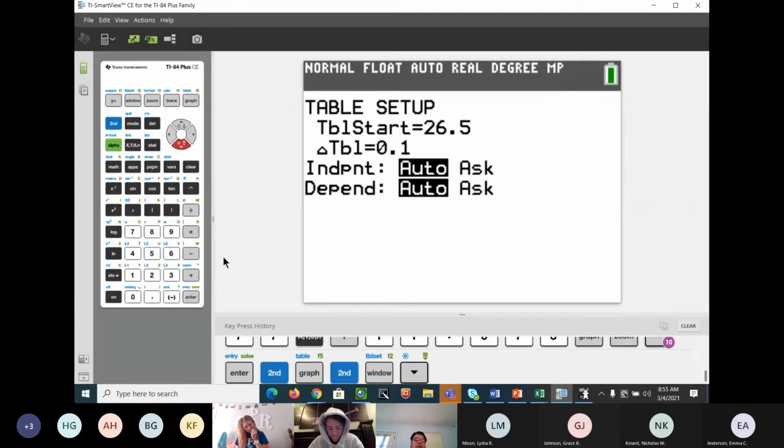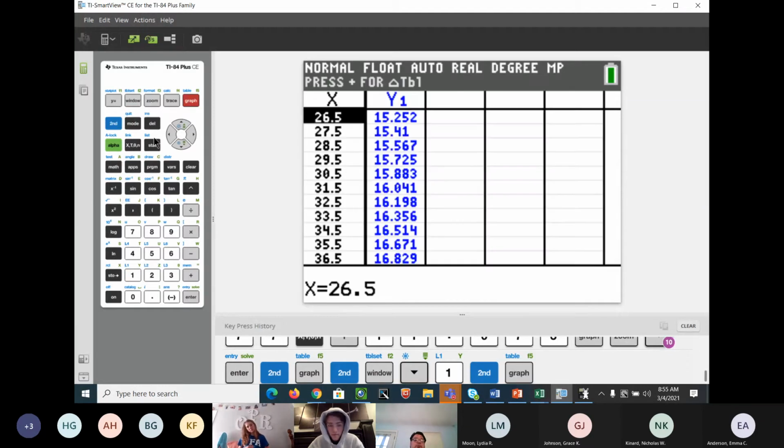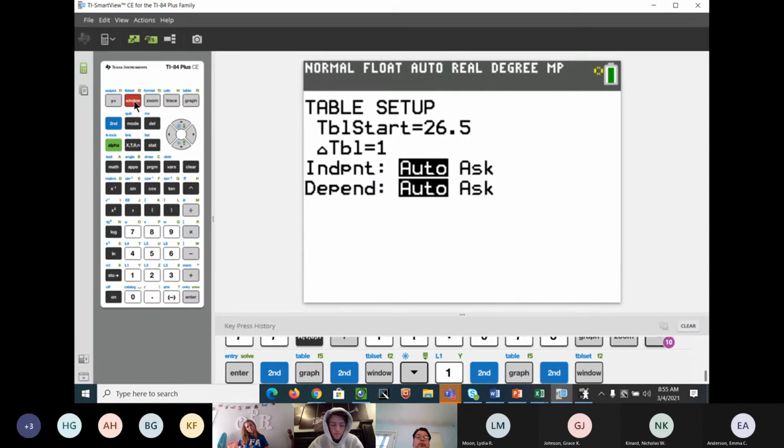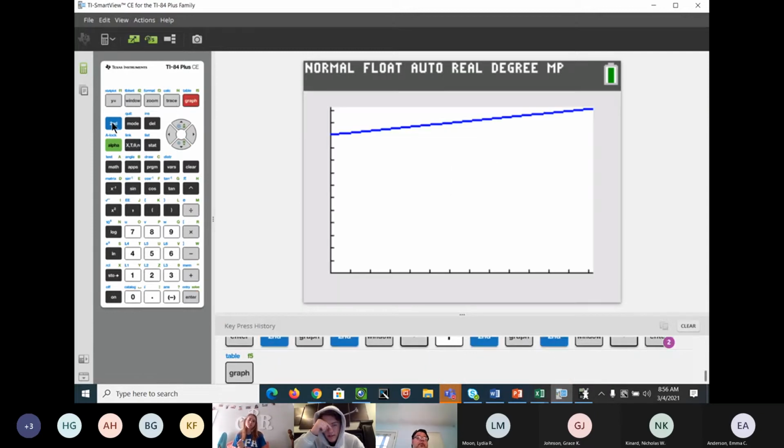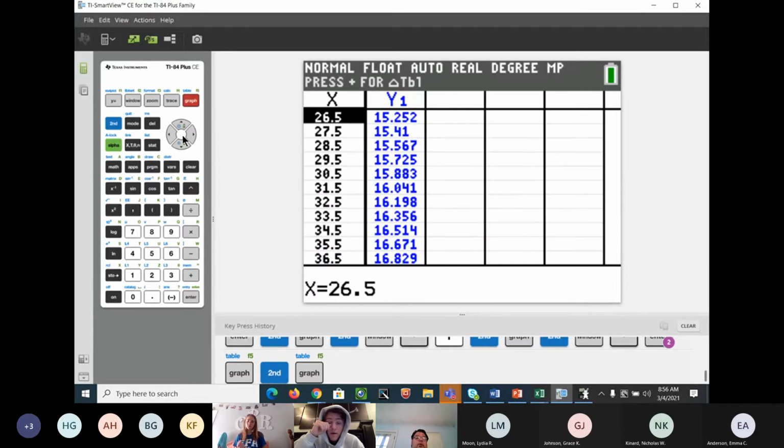Change it back to whole numbers, ones. And now hit second table. And well, why didn't it do it? Second table set. Ones. Graph. I think it's because your table starts at 26.5. Oh, okay.